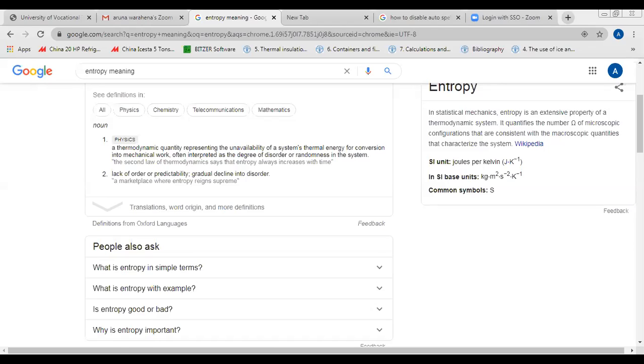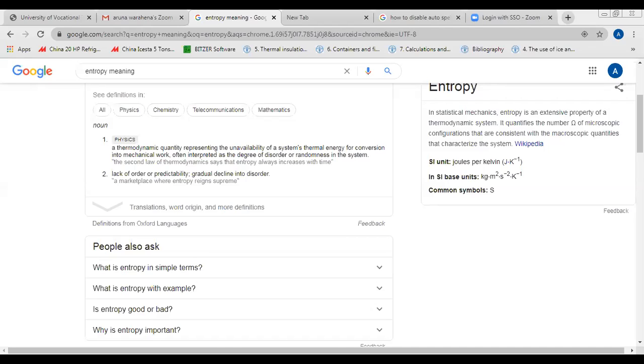So entropy, a thermodynamic quantity representing the unavailability of a system's thermal energy for conversion into work. Unavailability of a system's thermal energy for conversion into work. Okay, so this is one of the explanations.